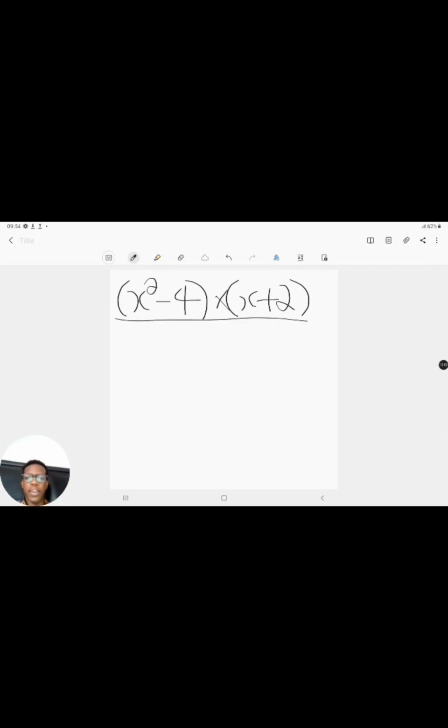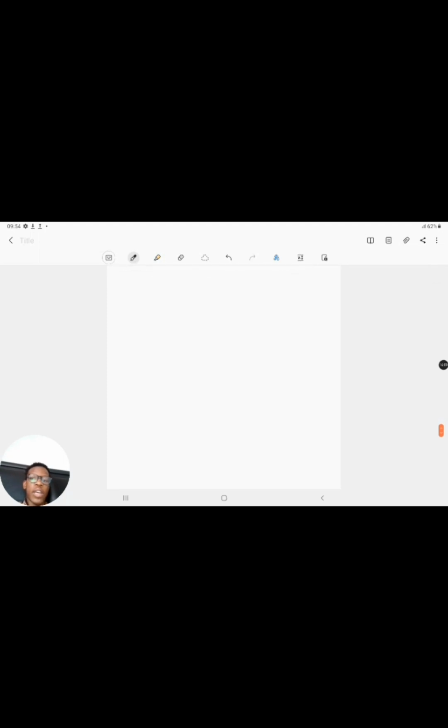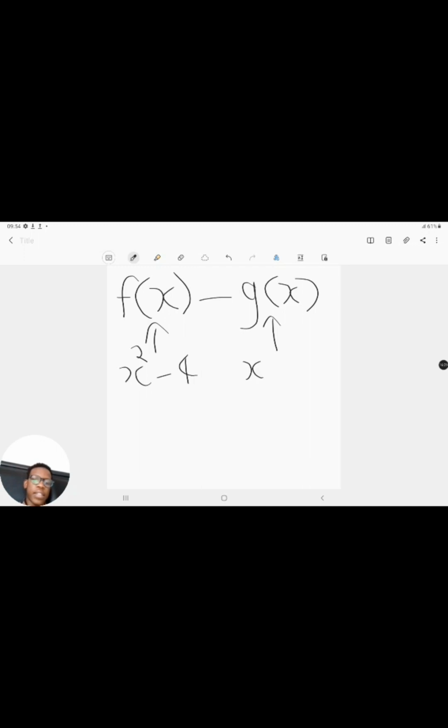Easy. You just multiply things out here and then you solve. Let's say now I say to you, what is f of x minus g of x? Well, f of x I know is x squared minus 4, and you know that g of x is x plus 2.